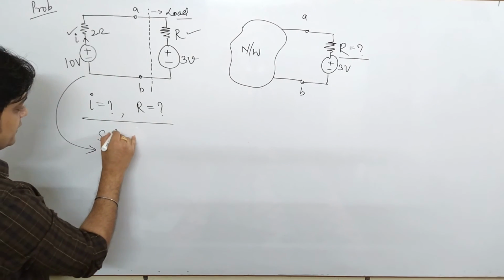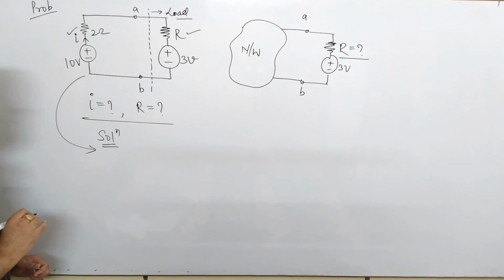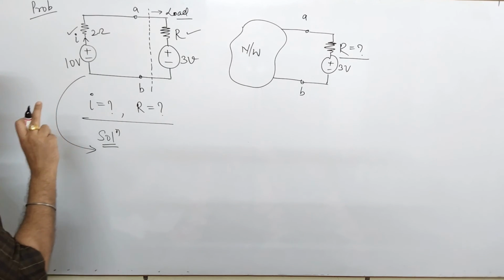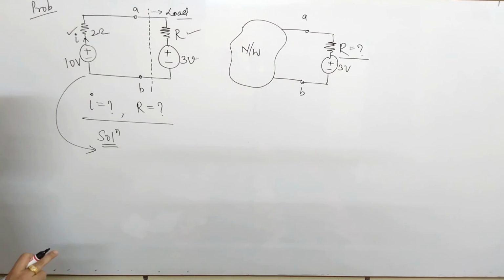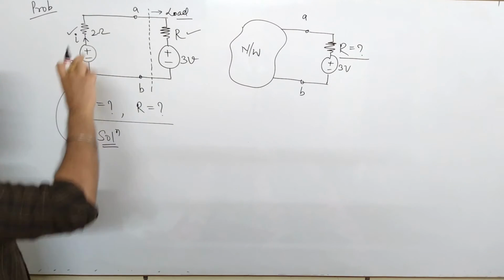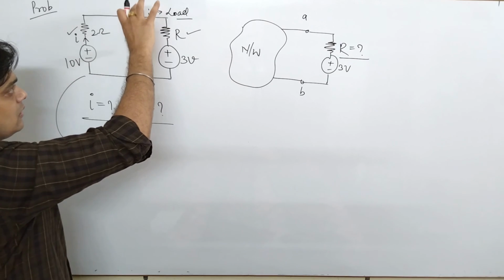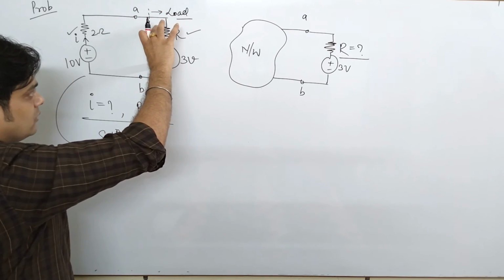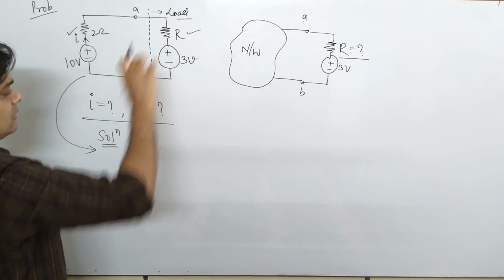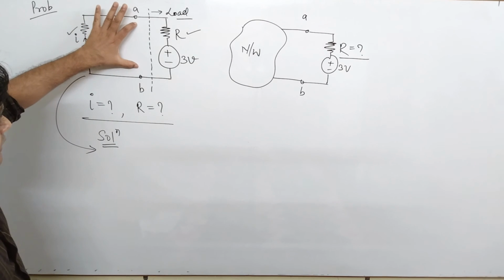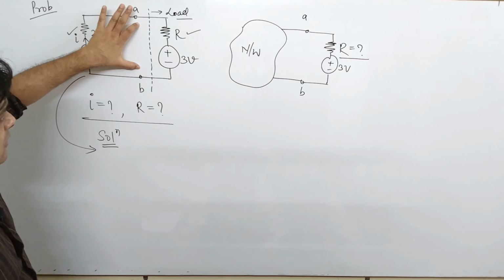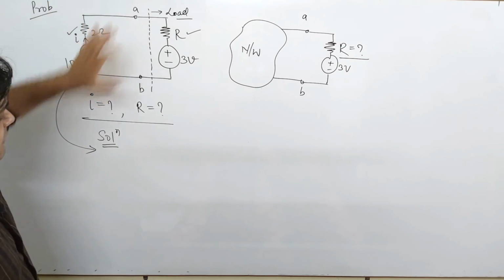So what is our solution in this regard? Now if we talk about the concept of maximum power transfer, what should be the value of load connected across this AB so that this network will deliver maximum power?